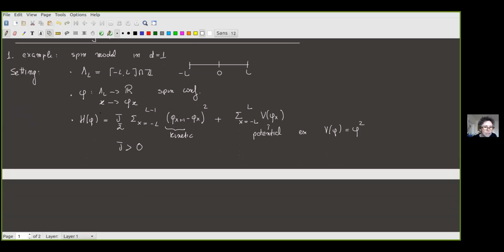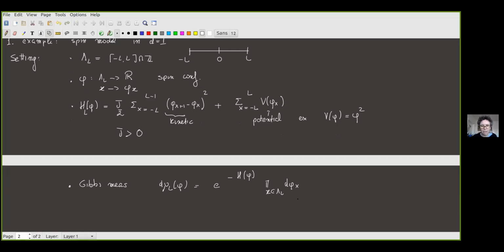Okay, so now this depends on the finite volume. Now we can define a finite volume Gibbs measure, which depends on the volume and is given by the weight exponential of minus H(phi), product over all the x in my volume, d phi x.